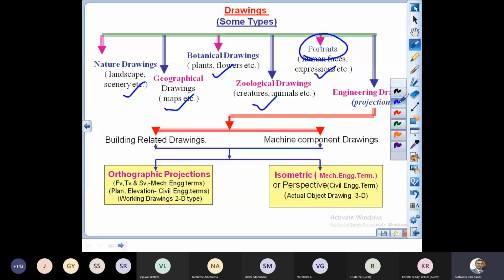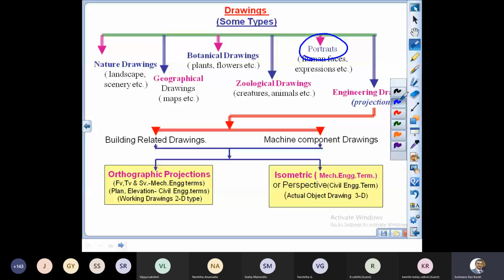If you want to see a person from the front, you might have seen some of the stories on Facebook also, right?